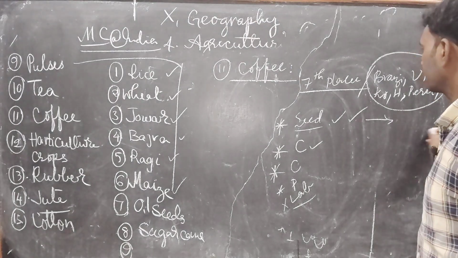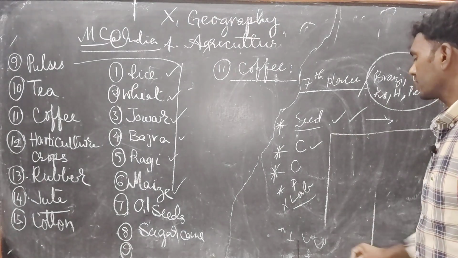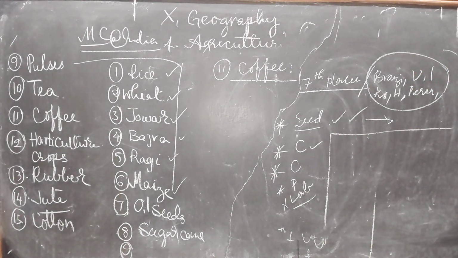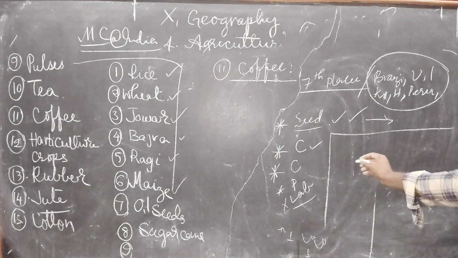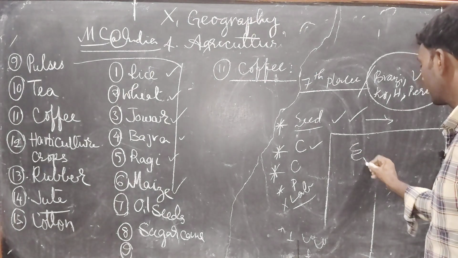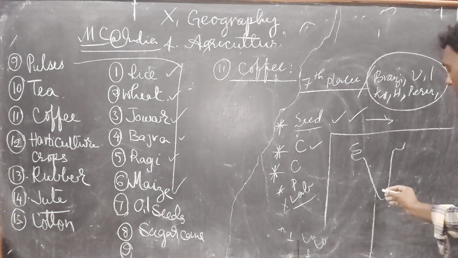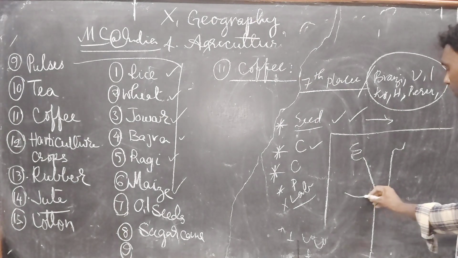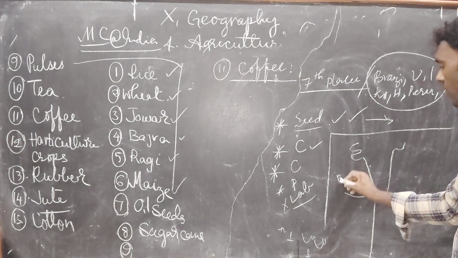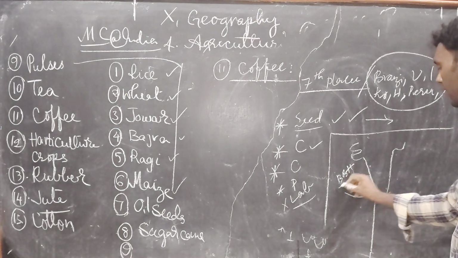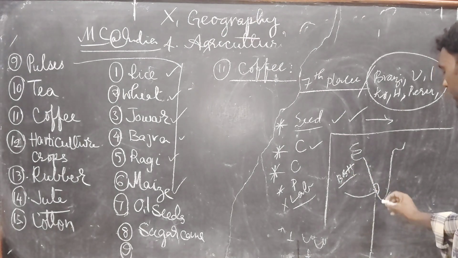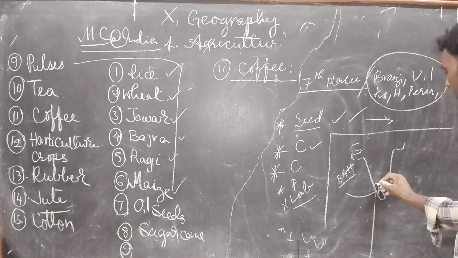Okay, next, the states. These are the states which are producing a high amount of coffee. See, this plantation crop was introduced by the Britishers in Baba Budan Hills in Karnataka, and then Kerala, and then Tamil Nadu.